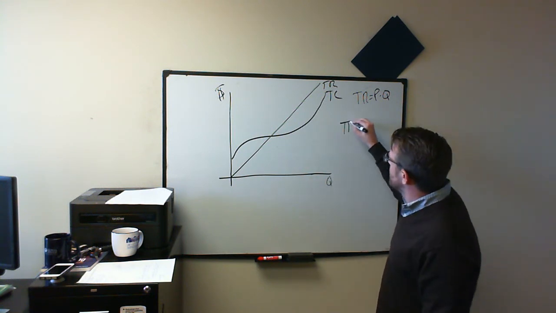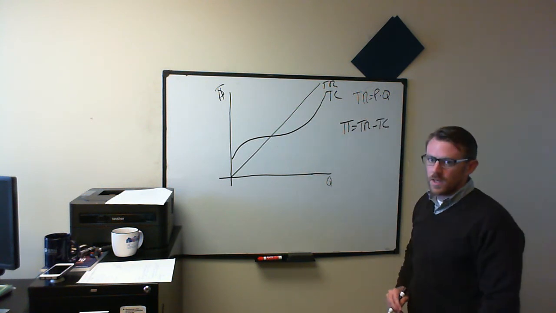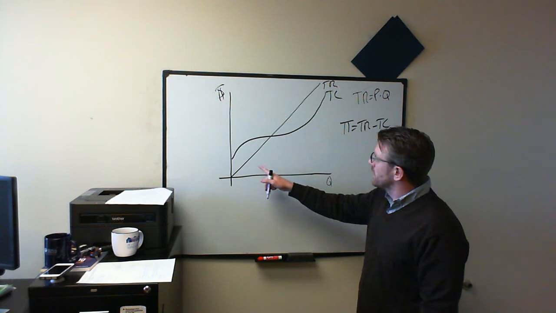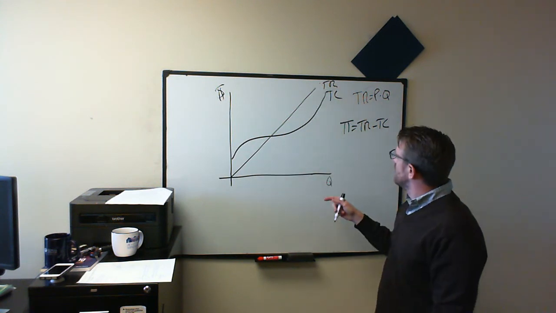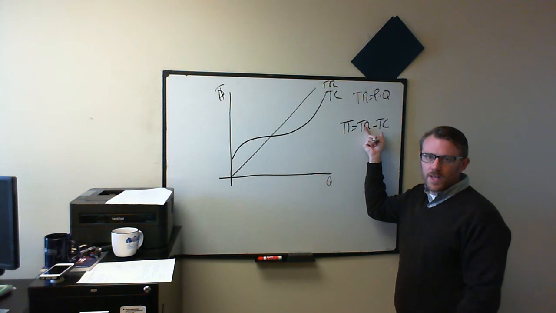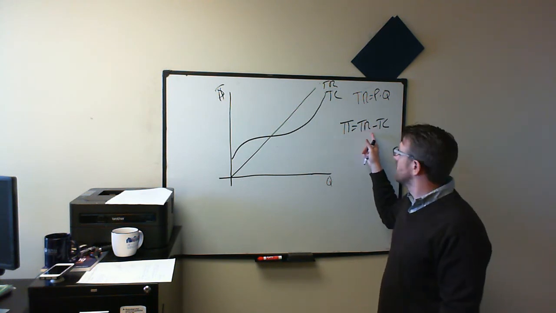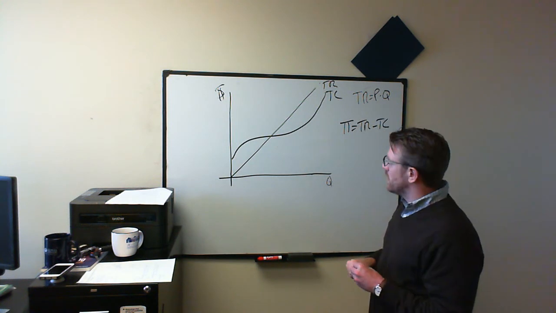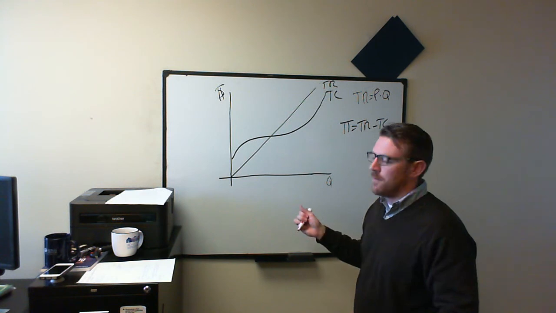Well, we know profit equals total revenue minus total cost. If we look at our graph, here's our total revenue curve, and here's our total cost curve. We want to choose the quantity that maximizes the difference between the revenues we bring in and the cost we pay out. It's pretty easy to see on here where it's not.